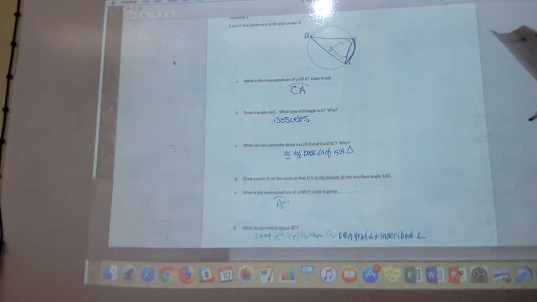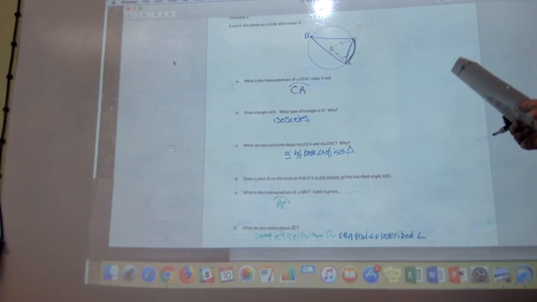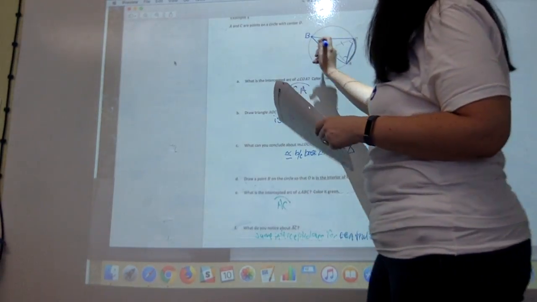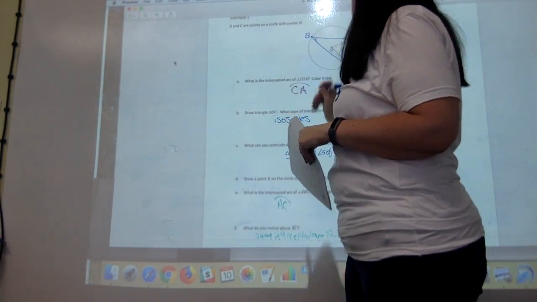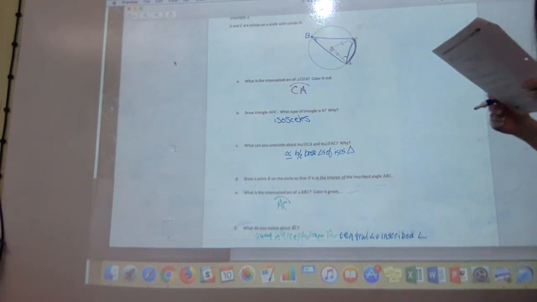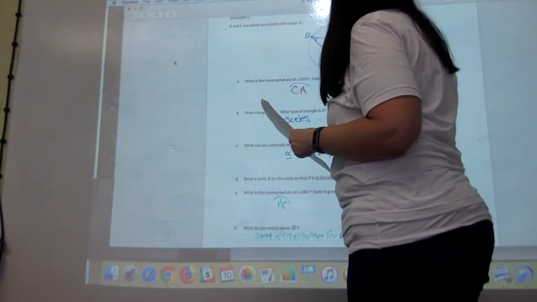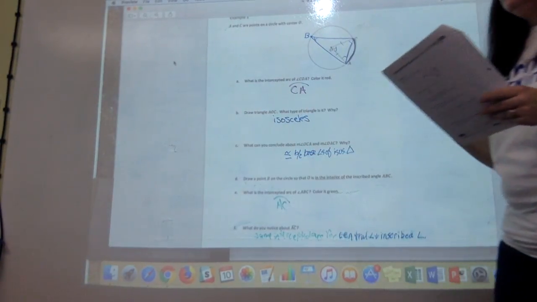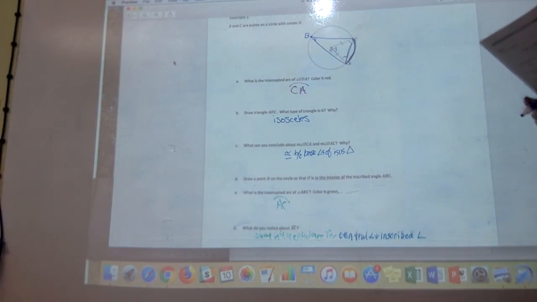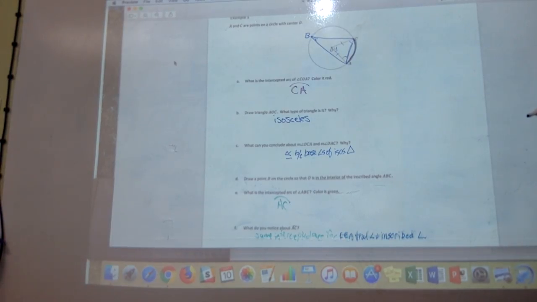So, question G. Okay, so it says let the measure of angle ABC be X. So I'm going to call this guy X. And the measure of angle AOC be Y. So can we prove that Y equals 2X? And then it gives me a hint and it says draw the diameter that contains point B.